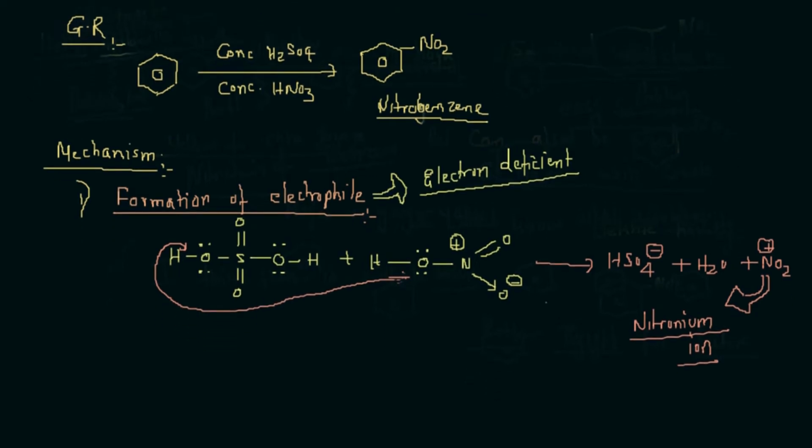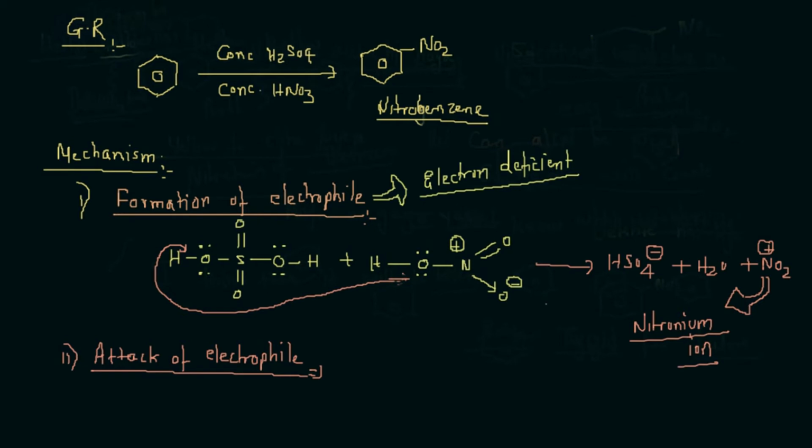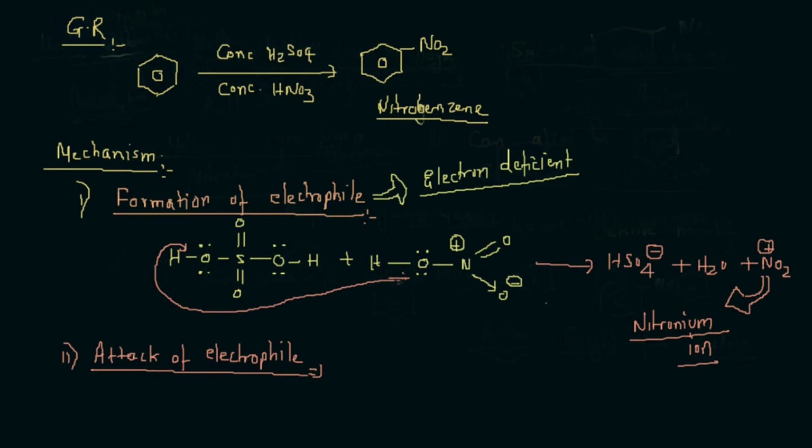Okay, so let's move towards the second step, that is the attack of electrophile. In this, the nitronium ion attacks the benzene ring. So let me draw the structure of the benzene ring.